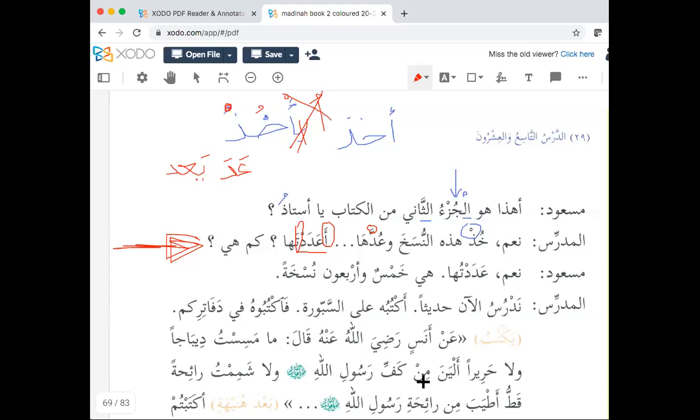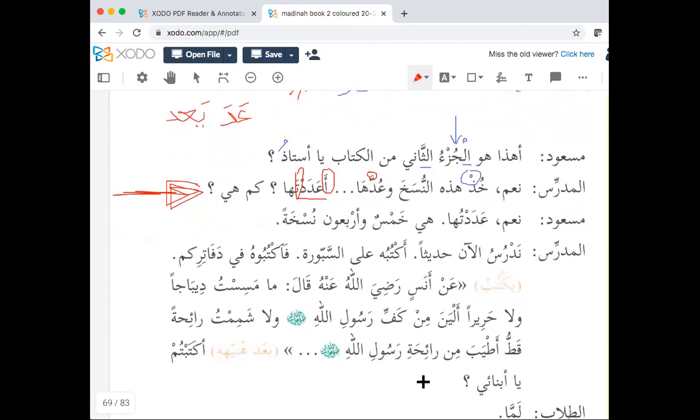Yes, go ahead, akhi Atif. Yes, a'dadtaha, they are 45 copies. Ahsant. Yes, 'adadtuha. And here again the same example, the same verb being separated. And this is called mufakkak.